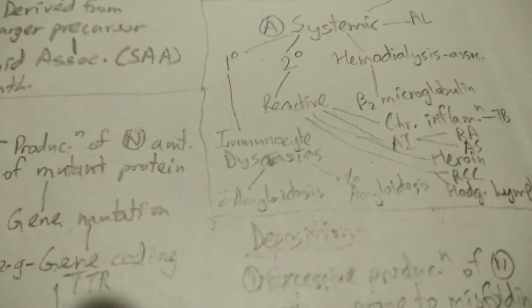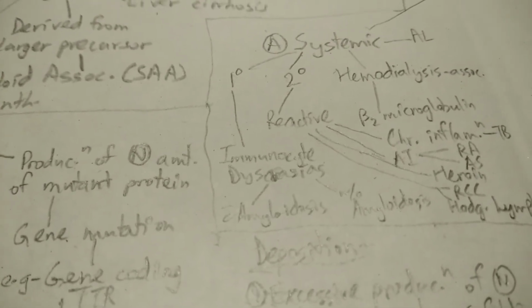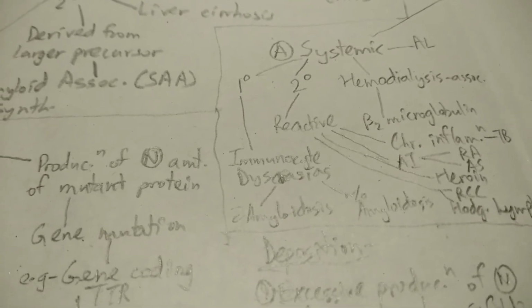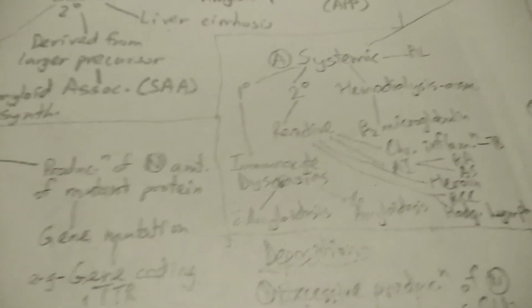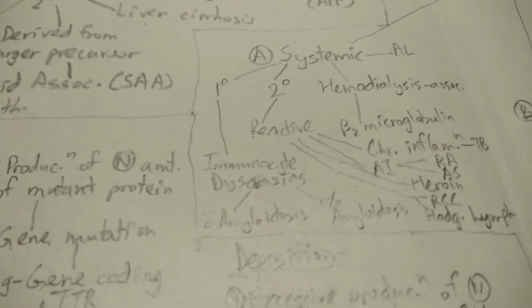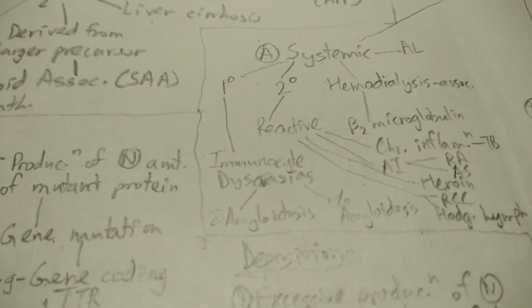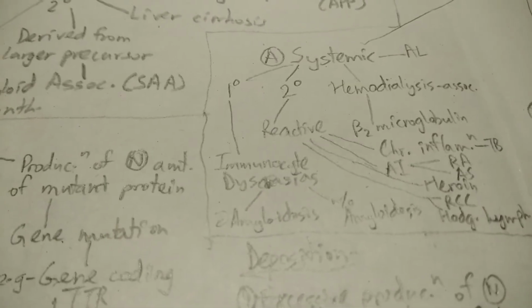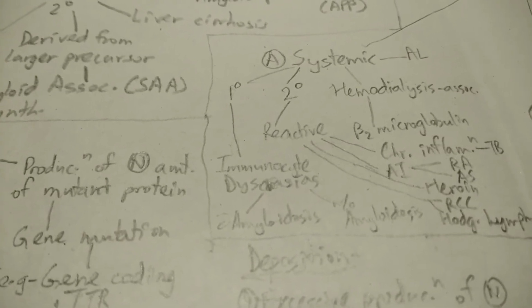So now under immunocyte dyscrasias with amyloidosis, you find underlying plasma cell dyscrasias such as multiple myeloma, all right? So in 5 to 15% of multiple myeloma patients, you find amyloidosis, and this is because the tumor synthesizes abnormal amounts of a single specific immunoglobulin, which appears as an M protein.